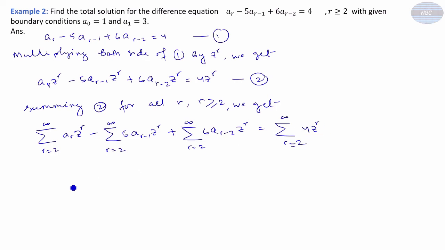Okay, so this can be simplified as, so we take out the constant from the summation.